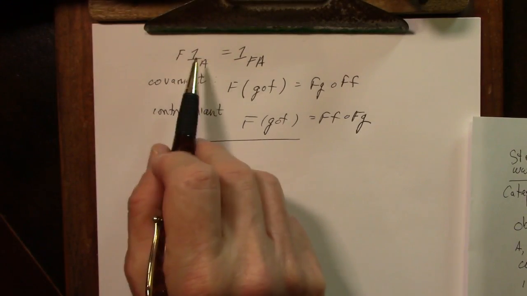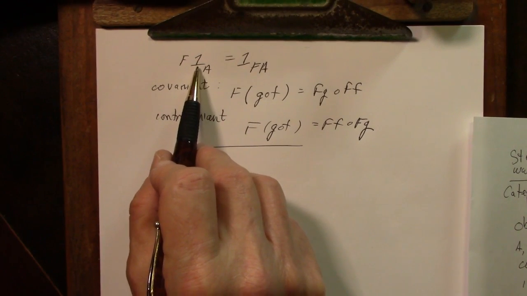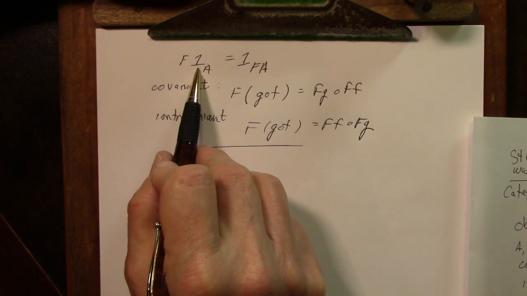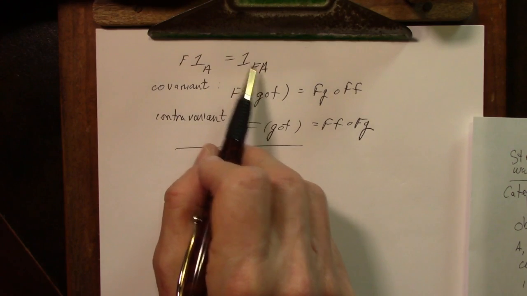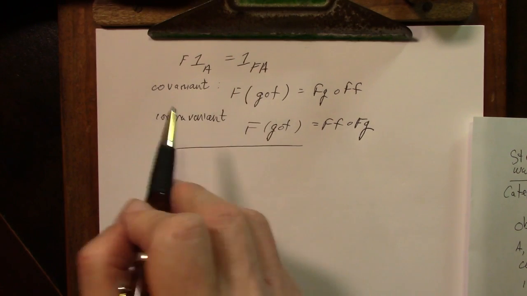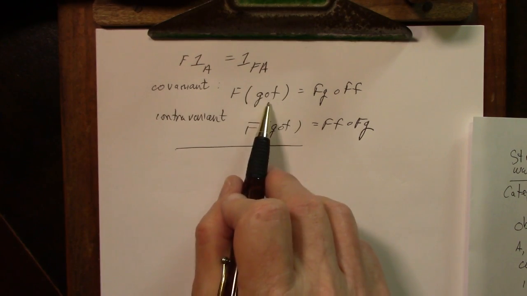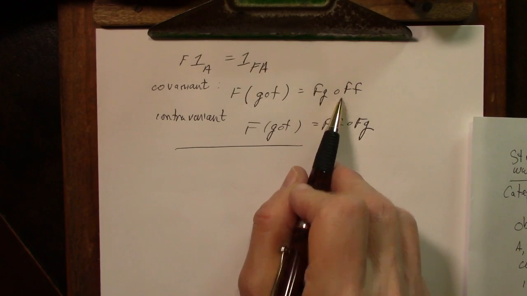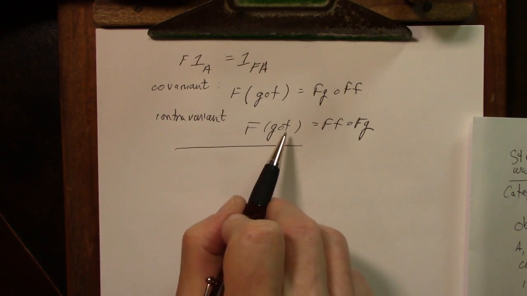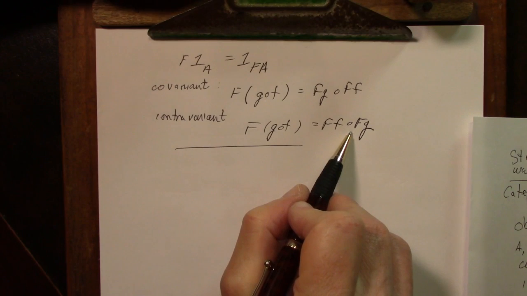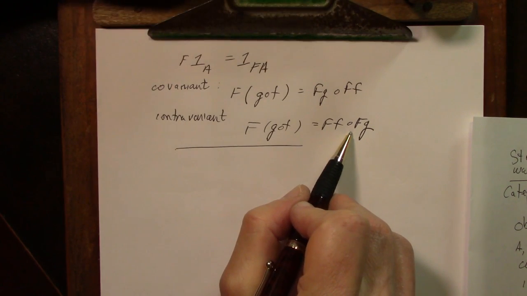Both types of functors must take the identity map at A to the identity at FA, and in the covariant case, composition is preserved. In the contravariant case, composition is reversed, otherwise preserved.